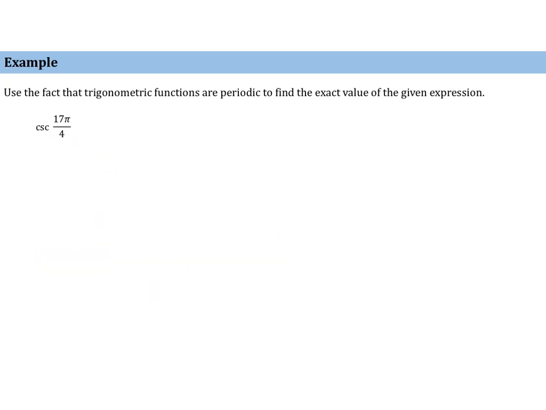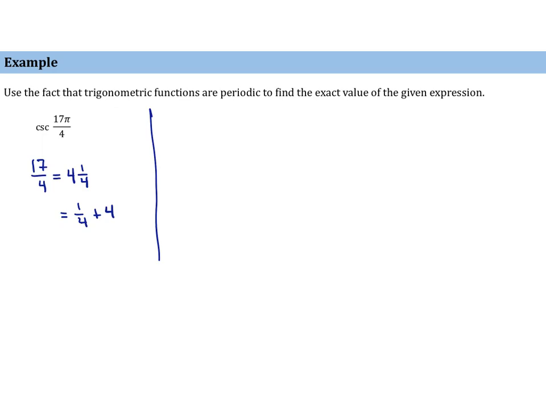So let's look at cosecant of 17 pi over 4. So for 17 pi over 4, let's go ahead and look at 17/4 as a mixed number, which is 4 and 1/4. So you can think of that as 1/4 plus 4.